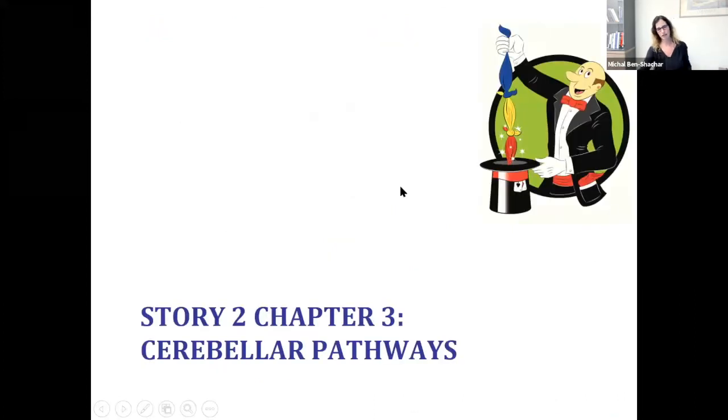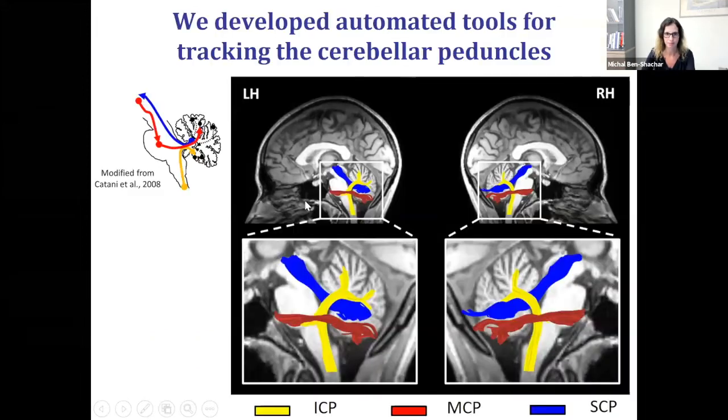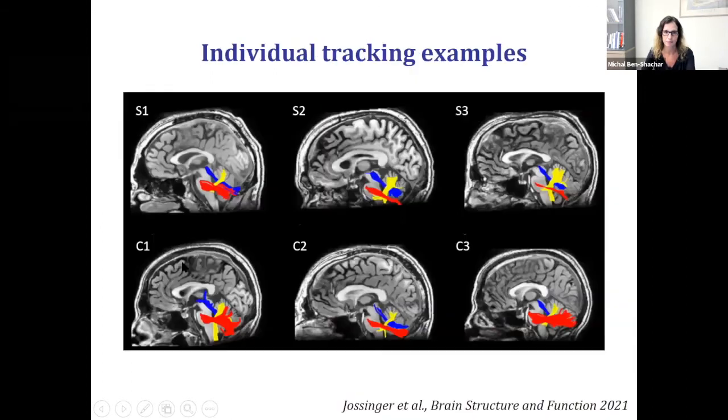The last part that I want to talk about is a project about the cerebellar pathways of adults who stutter. It started with, again, developing tools for looking at these pathways. And once we had these automatic tools to segment these pathways in every individual participant, we could start looking at the role of the cerebellar pathways in persistent developmental stuttering.